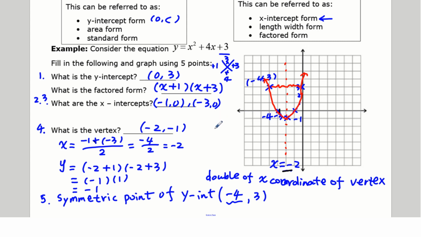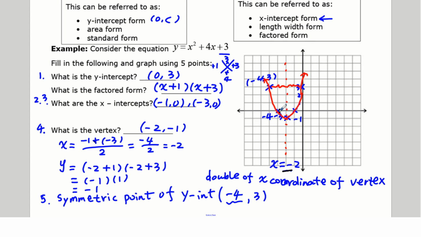The reason why we want to use these 5 points to graph is because they are the 5 key points. Most questions may just ask you for the x-intercept, y-intercept, or vertex. By graphing it, you will understand better which point you are looking for in the future.